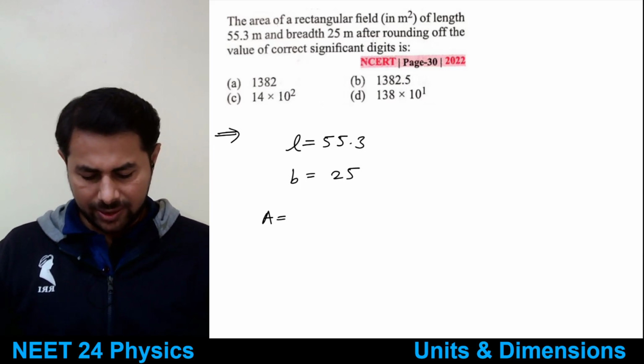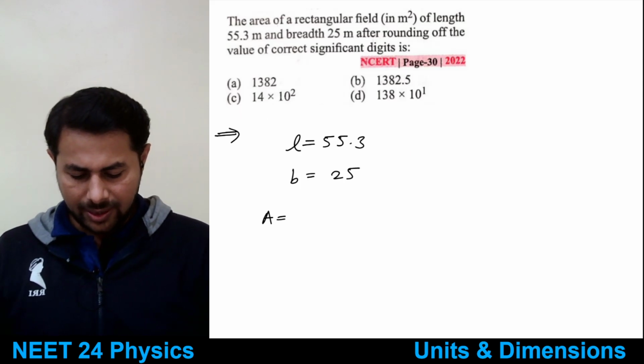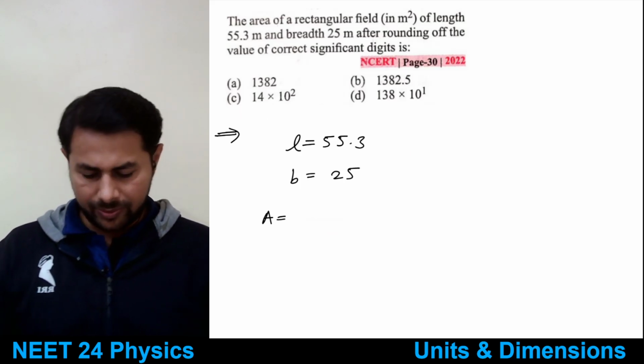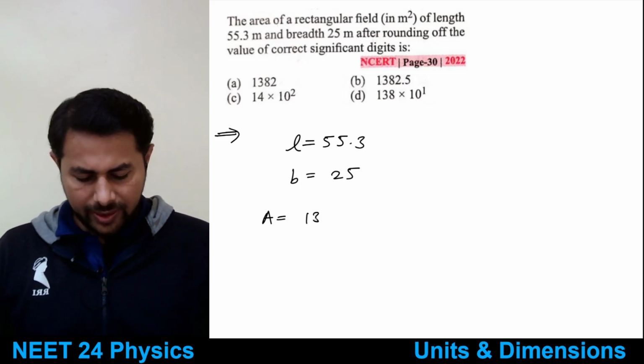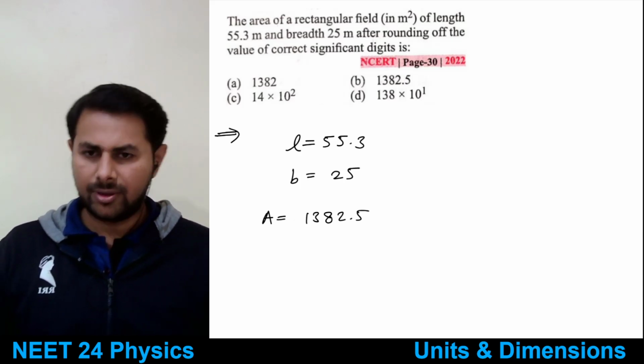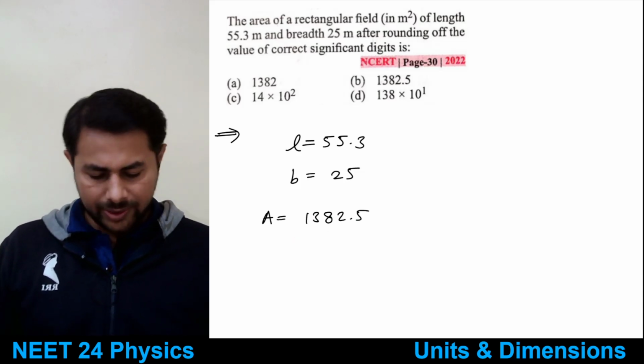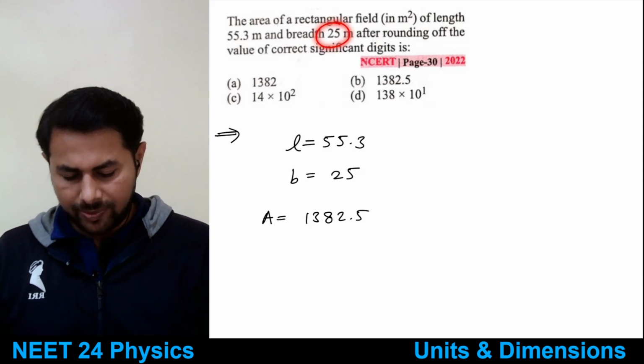Let's check. I'm just asking what is the area. 1382.5. Okay, good. So now round it off first to the correct number of significant digits.